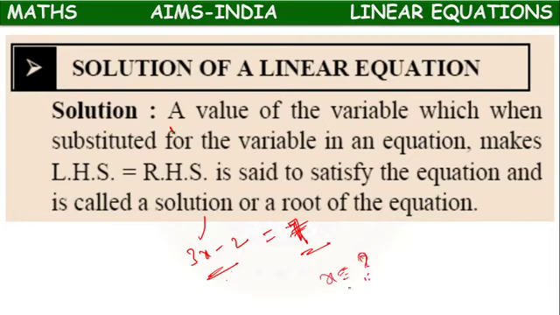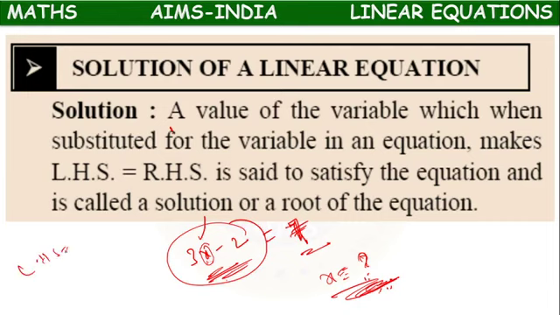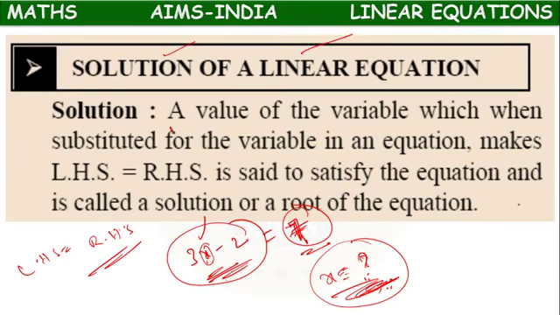So the solution of x, or if we keep what value in the x, then this left side part LHS will be equal to right side part RHS. That value of x is called solution of linear equation.